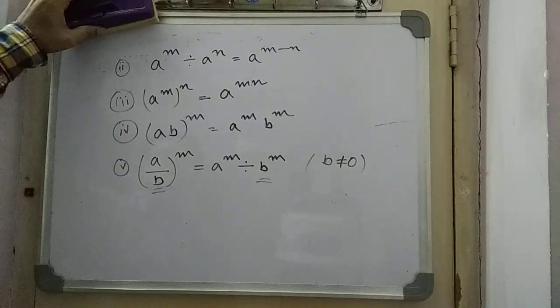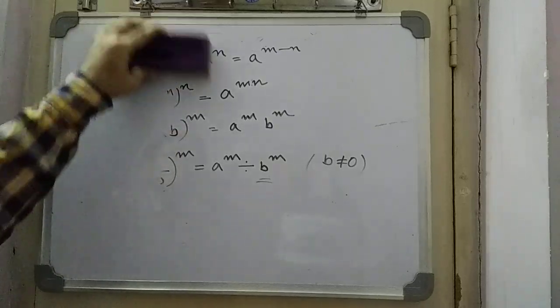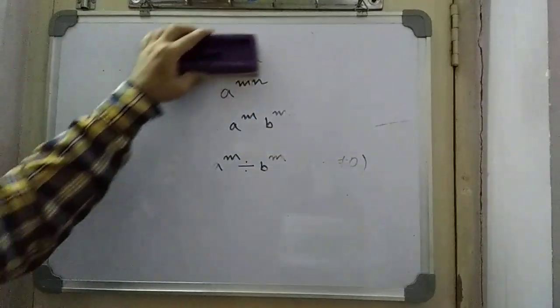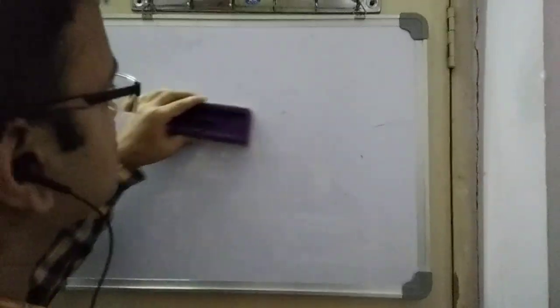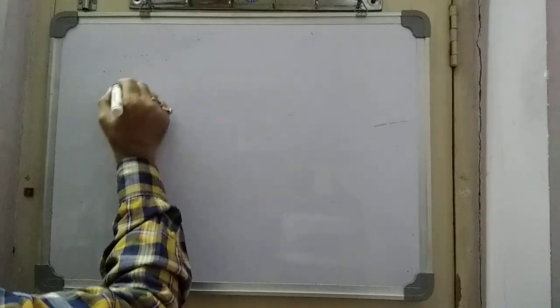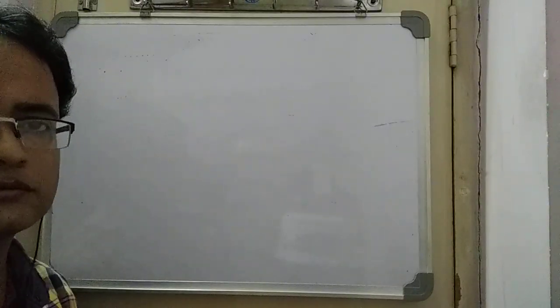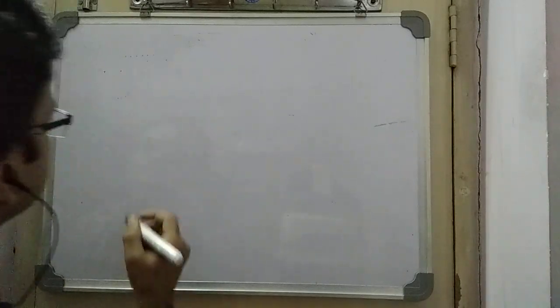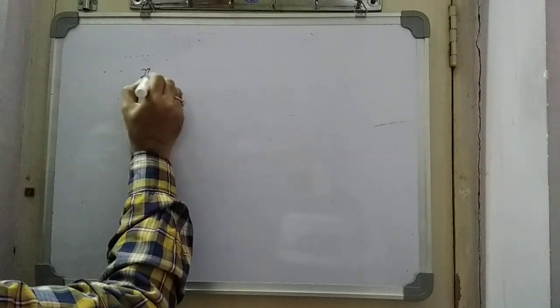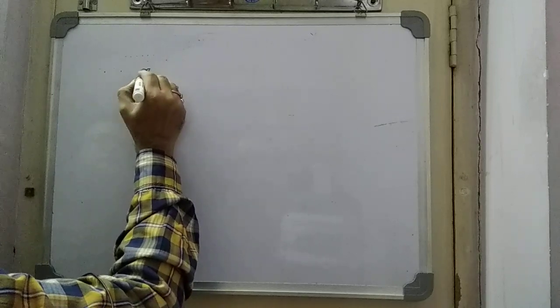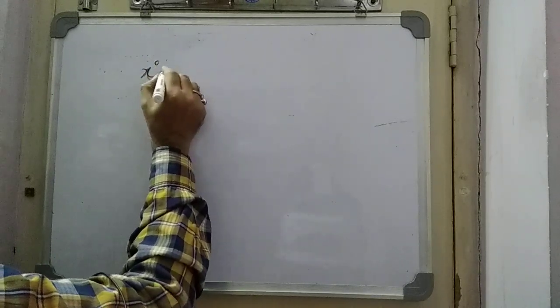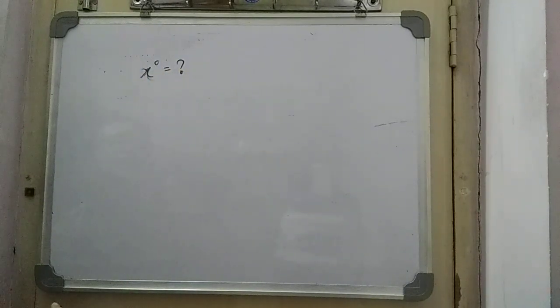So these are the 5 laws. On the basis of that, the complete indices chapter is established. So now we'll try to find some common values. Let's see if we can find out with these indices. x to the power 0 equals what?